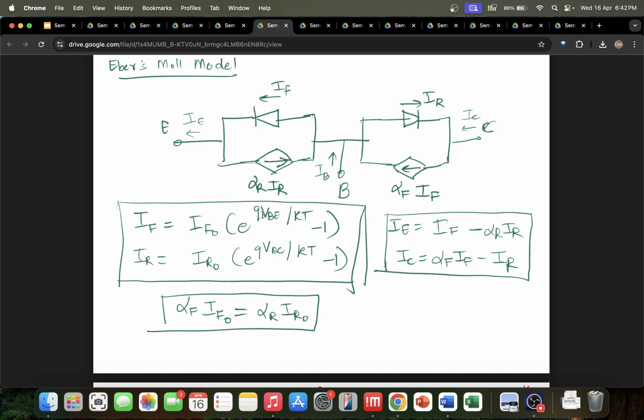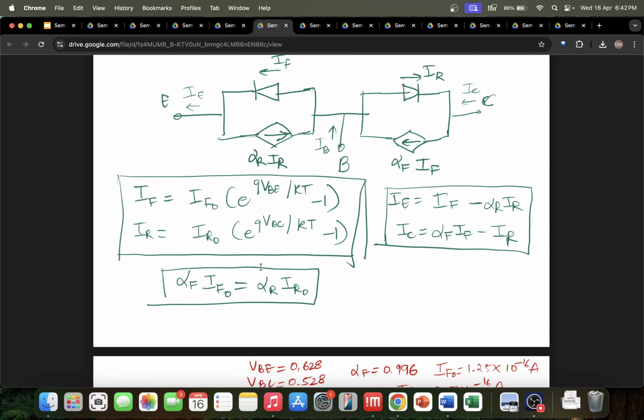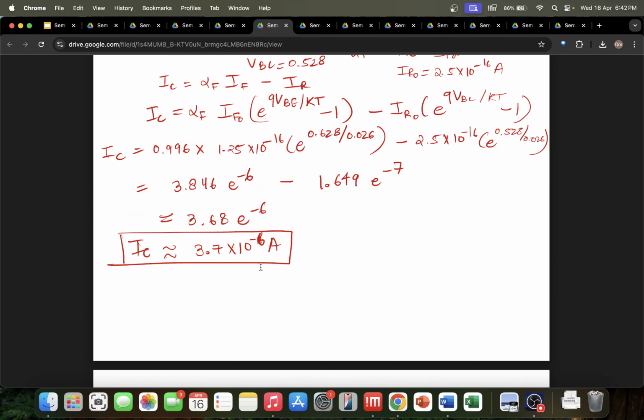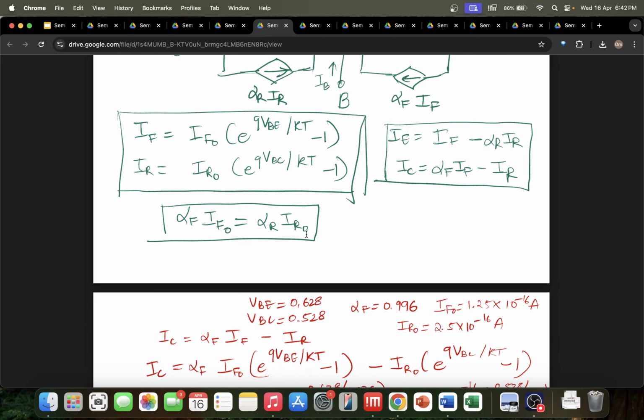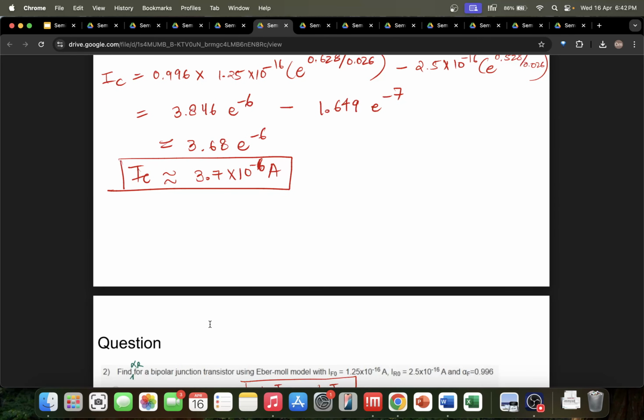This is a very simple model with a few simple formulations, forward current and reverse current. Just by solving these equations, we can determine any quantity.